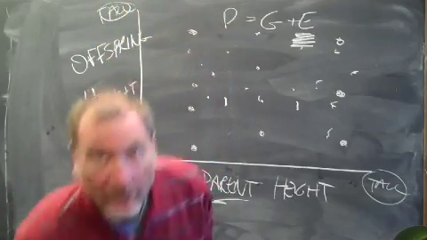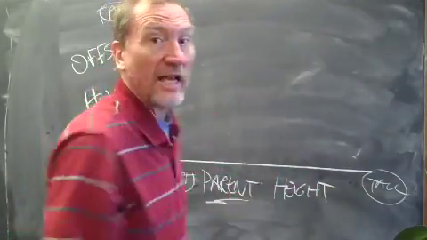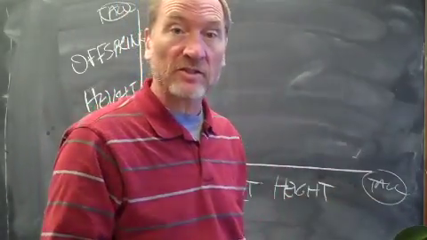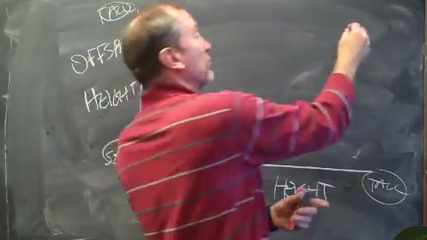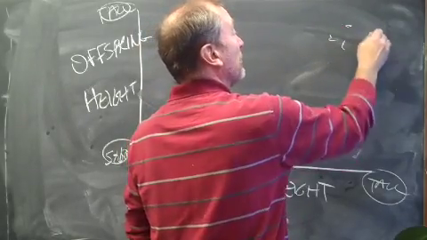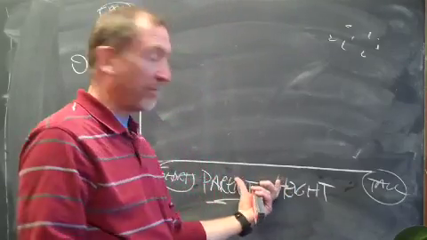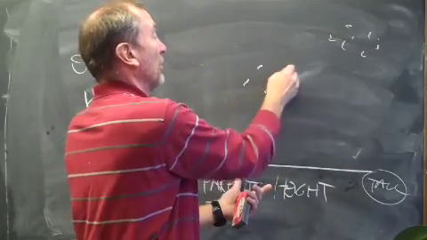But what if the second scenario, where you select tall plants and you grow their progeny, and the progeny are also tall, and so your points are up here somewhere. And you take a look at medium-sized parents, and their offspring tend to be medium-sized.